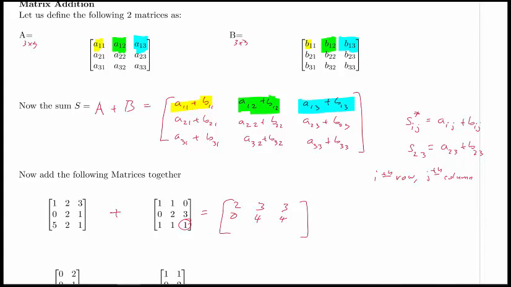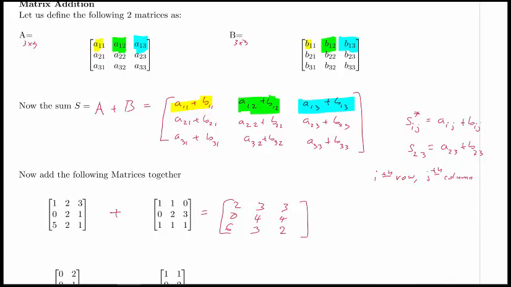And then we have 1 and 5, that's 6. 2 and 1, that's 3. And then finally 1 and 1, that's 2. Okay. In a nutshell, that is how you add the matrices together.